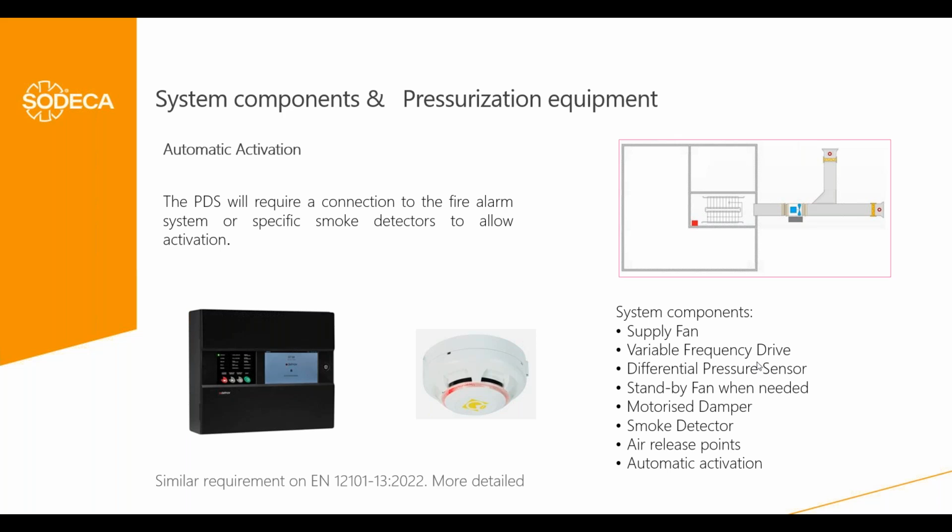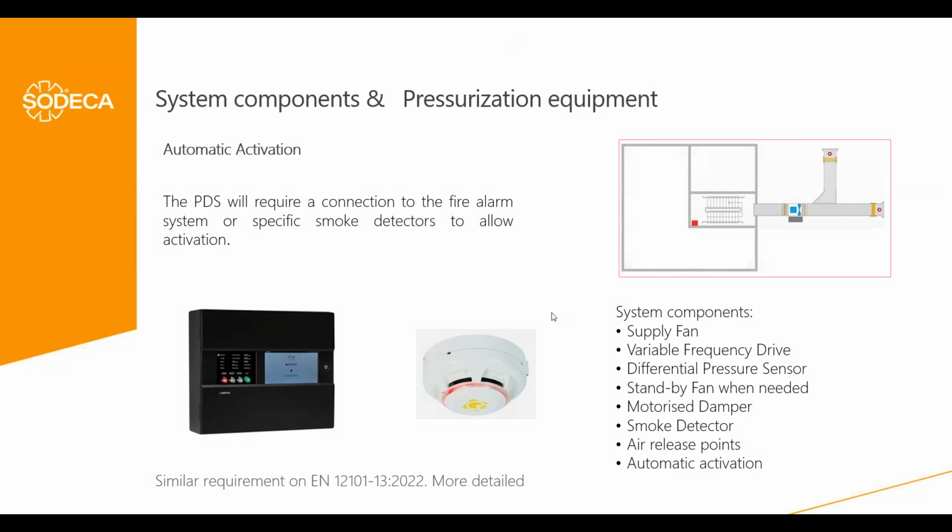In buildings where there is no such system installed, imagine a refurbishment of an old building where it requires a pressurization system, but there is no smoke detection or fire detection system, we can also provide independent smoke sensors.